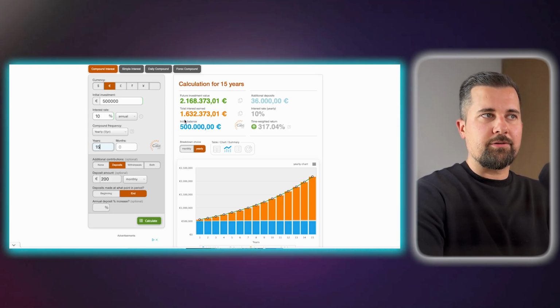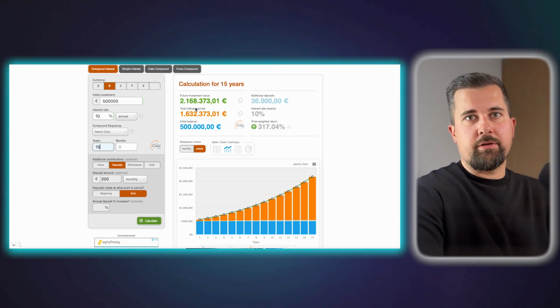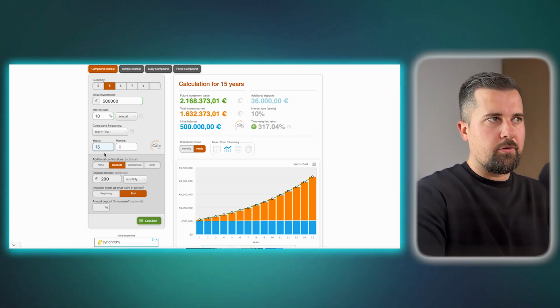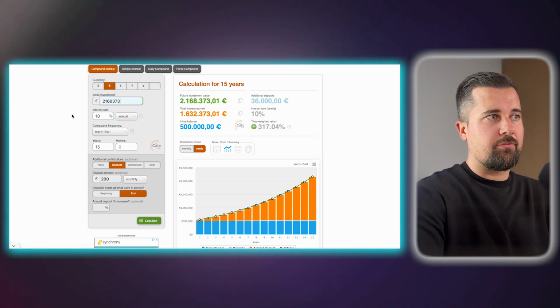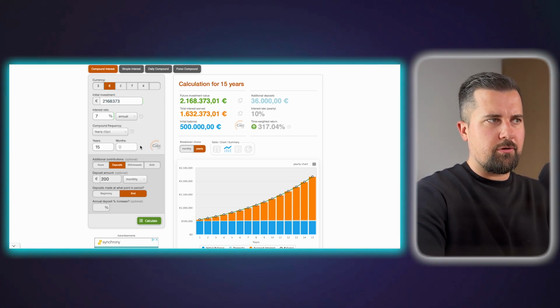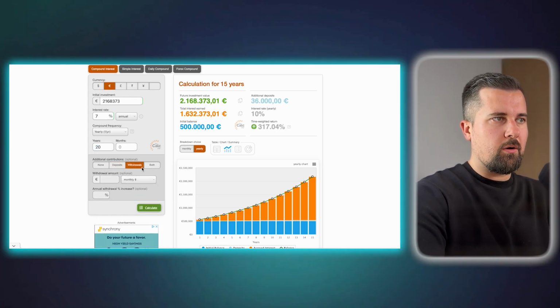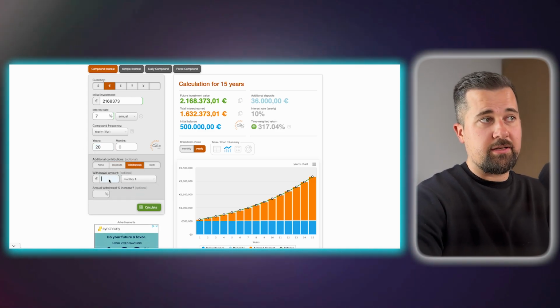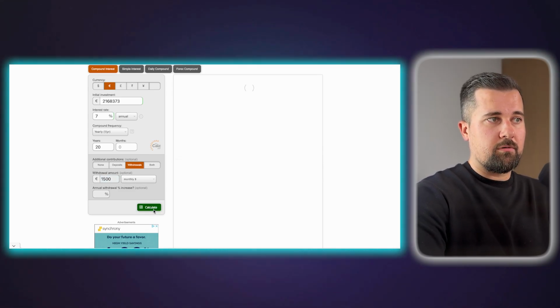and from that point, you can start taking a certain amount of money out of your portfolio without ever risking running out of money. What do I mean by that? Let's take a simple example, 2,168,373. Let's assume we average 7% return, and we have another 20 years, and now we only withdraw money, and let's say we withdraw, I don't know, 1,500 euros a month.